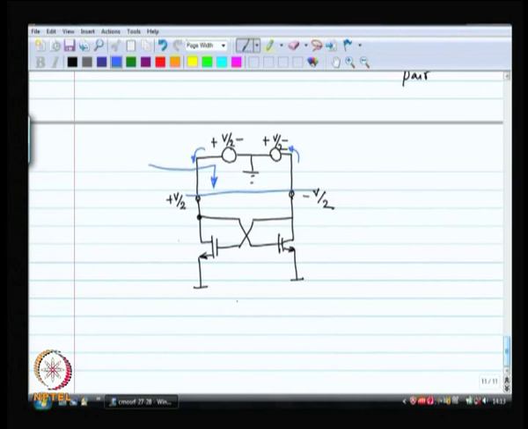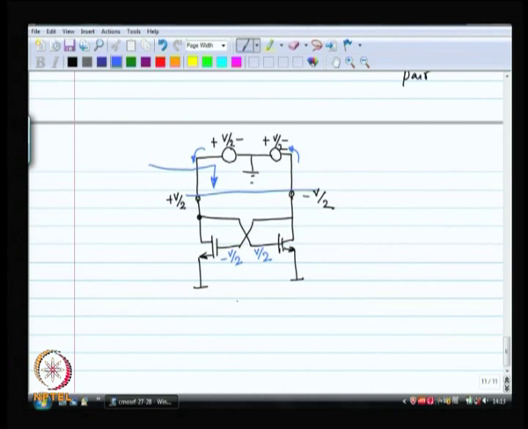So, the voltage here is V by 2, the voltage at the gate over here is V by 2, the voltage at the gate over here is minus V by 2, and let us replace the MOSFET with its typical small signal model.